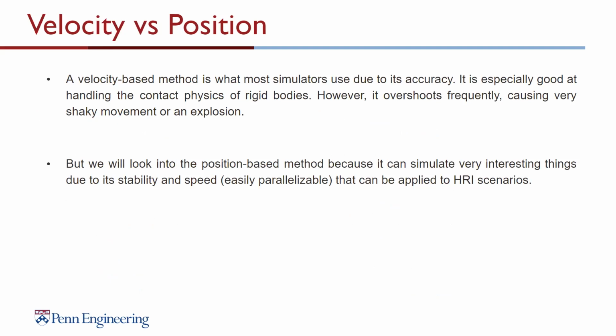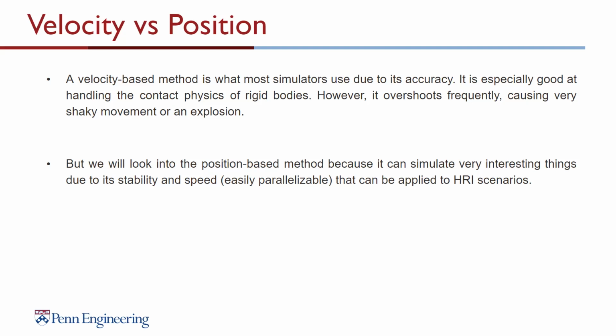So the velocity-based method is what most simulators use because it's very accurate, and it's really good at dealing with contact physics, but it overshoots sometimes and creates some shaking. But we'll look into the position-based method because in many human-robot interaction scenarios, we have a lot of non-rigid objects.